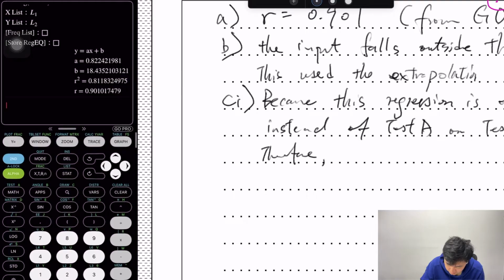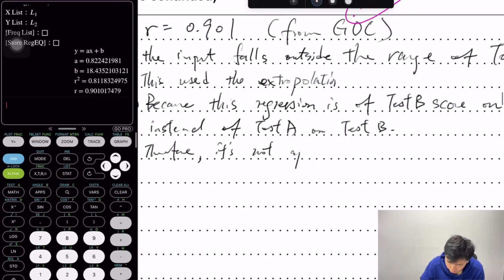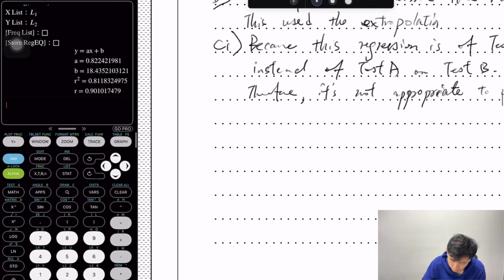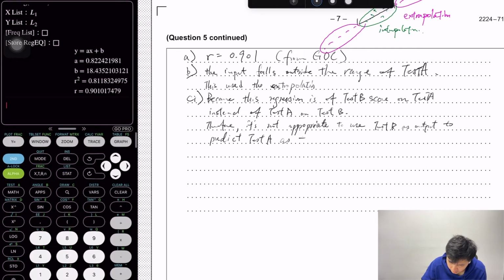Therefore, it's not appropriate to use test B as the output to predict test A as the input. I know I write a lot though.